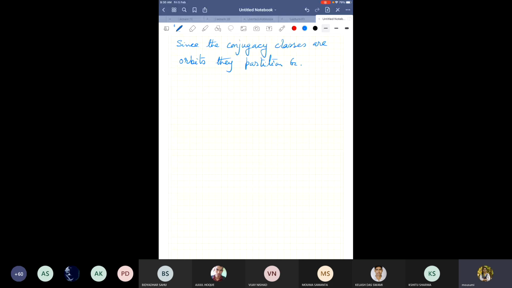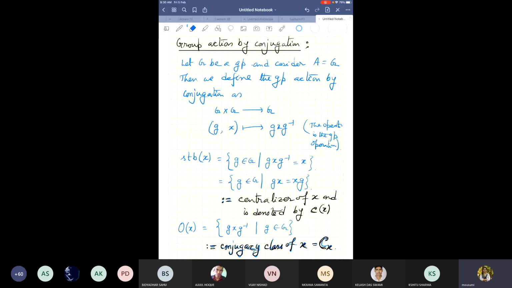Now, let's go back and see what it means to have only one element in the conjugacy class. Suppose this orbit is having only one element. What does that mean? The cardinality of the orbit is 1. What does it mean?